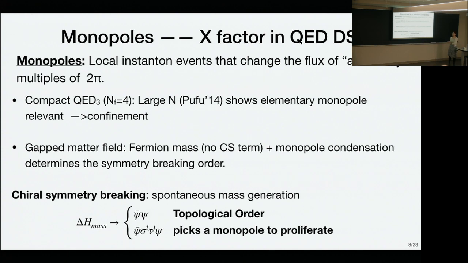Yes, so in the first case, because there is a Chern-Simons term for the U1, a magnetic flux is associated with a fermion. So this will suppress the proliferation of this monopole of magnetic flux. And I think this is the familiar chiral spin liquid that breaks the time reversal symmetry and has chiral edge modes.